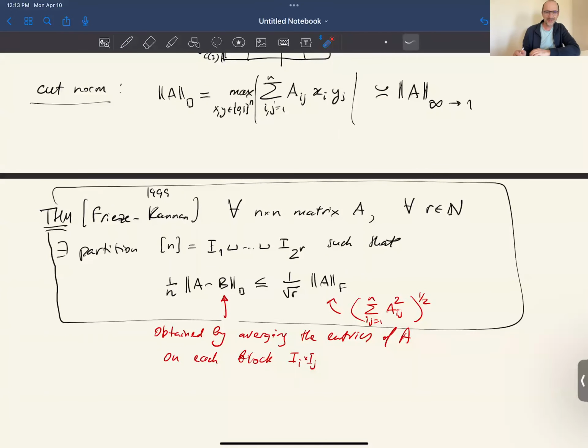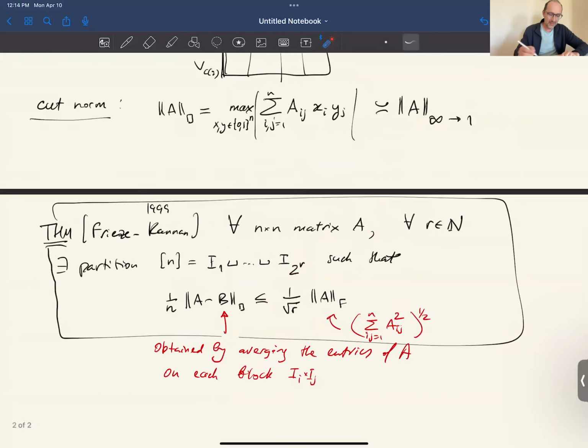If you don't know what it is, maybe it's not the most natural matrix norm that comes up in analysis or linear algebra, computer science. And so a natural question would be, does the Frieze-Kannan theorem, or something like that, still hold for a more natural norm, for the spectral norm, for the Frobenius norm, Hilbert-Schmidt? We already have the Frobenius norm on the right-hand side. Can't we have the Frobenius norm on the left-hand side, for example? Can we do that?